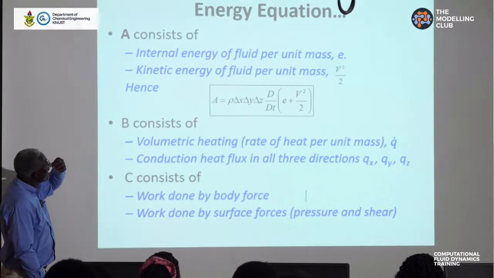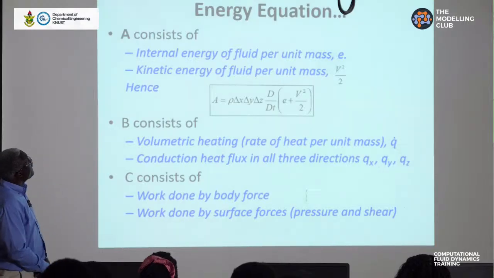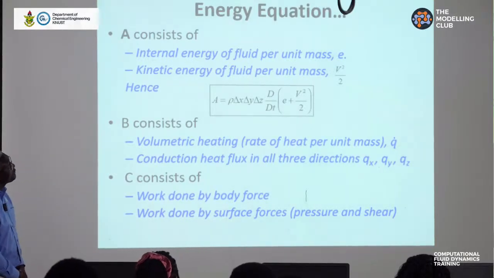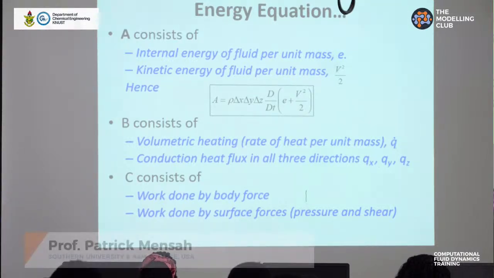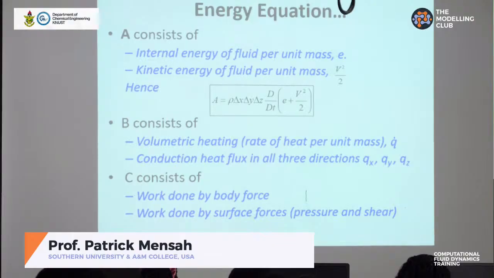We identify A as the internal energy of the fluid per unit mass, and also the kinetic energy of the fluid per unit mass. So that is our A term.